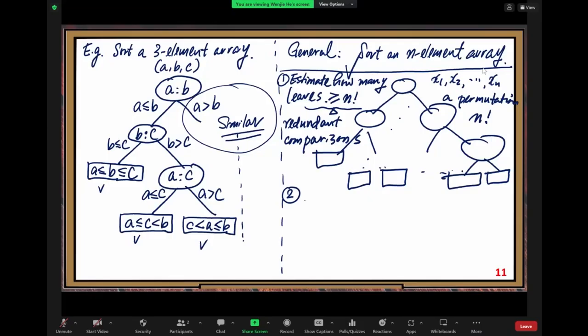So how do you represent worst case efficiency in the decision tree? In the decision tree, it corresponds to the height. A binary tree has a height, right?